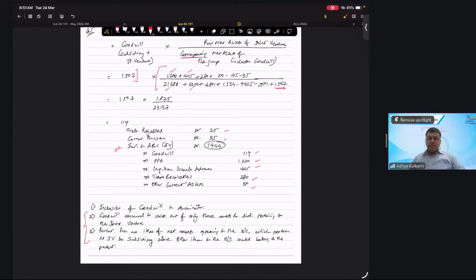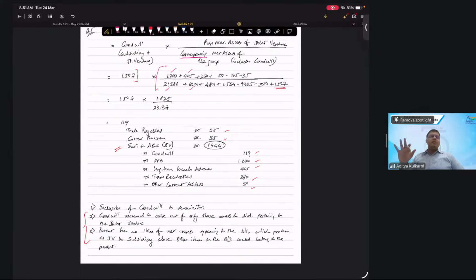Yes, sir. So under AS, whenever they ask you about a joint venture, you will look at the balance sheet. That means the existing balance sheet already includes the impact of the items consolidated. So what are you supposed to do? You are supposed to remove those items which are already forming part of the consolidated financials, and eliminate all of that in the entry.